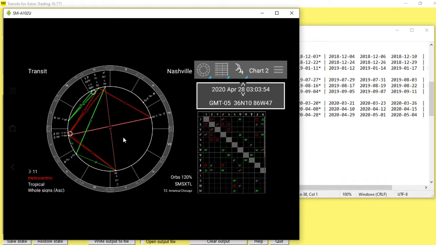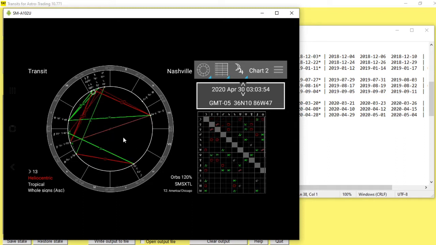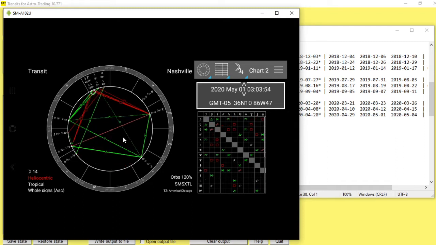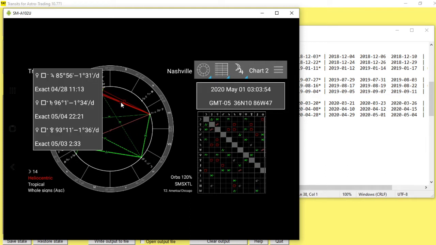But let's see what Mercury's got in the time after that. Okay, look, Mercury is going to trine the Moon. We're emotionally going to be on board with it. It's going to help our value right there too. It's exact on that day.